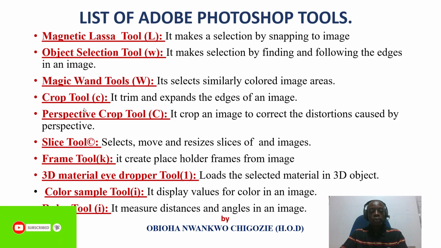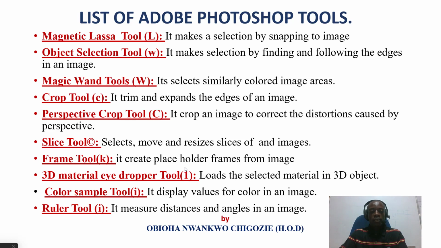Now the slice tool, it selects, moves, and resizes slices of images. Okay. Now the frame tool, it creates a placeholder frame for images. I have talked about the crop tool, which crops an image to correct distortion. You have select, move, and resize the slice of an image.